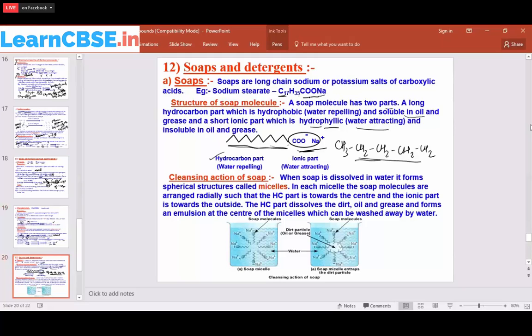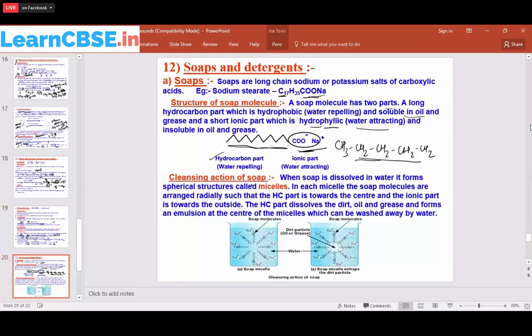That is why we have given the short ionic part. It dissolves in the water. So the role of COONa is making the soap dissolve in the water. That's why we have the COO minus and Na plus, the ionic part. But at the same time, this part cannot remove the oil or grease because it is insoluble.